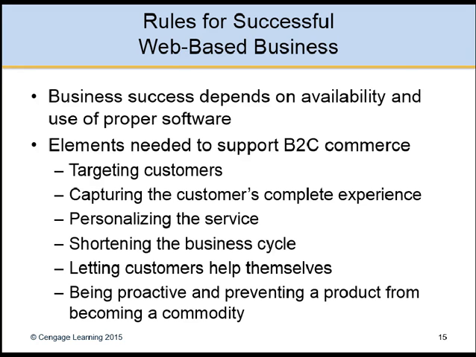The next rule is to shorten the business cycles. Customers like saving time by using a web business. Fulfillment is a major challenge for businesses, and this is the set of activities done after a customer places an order.